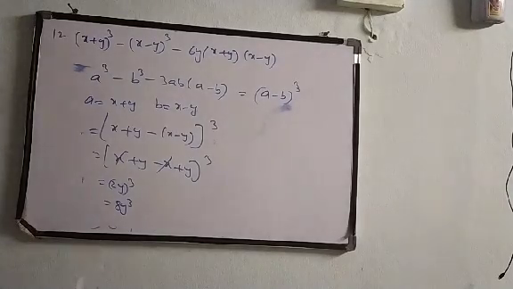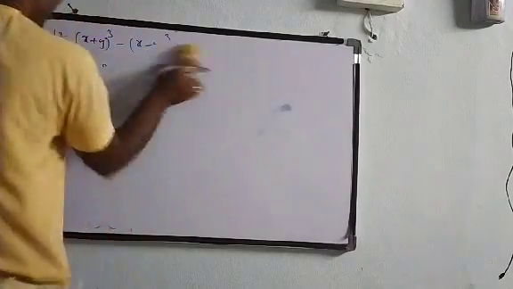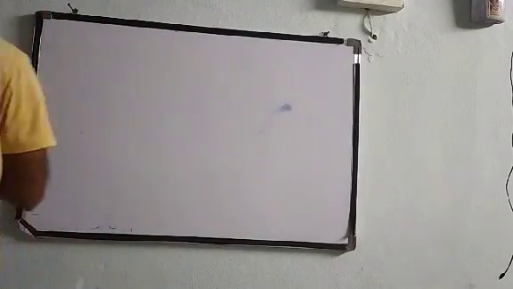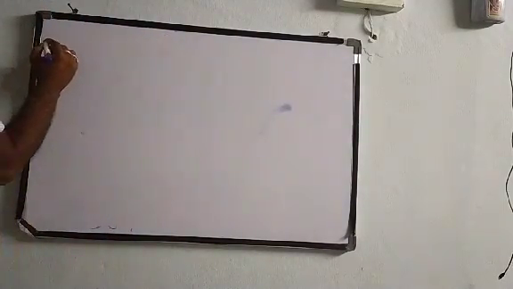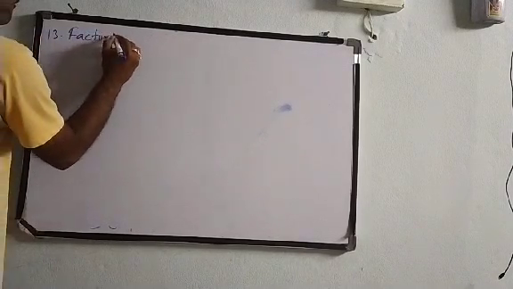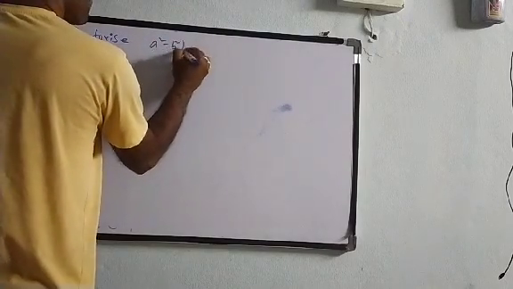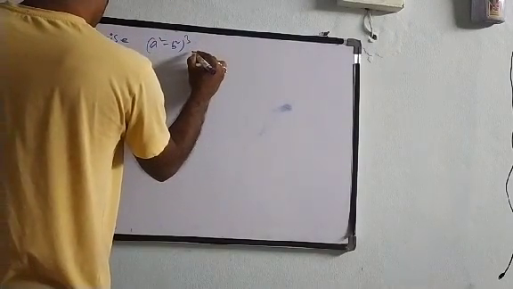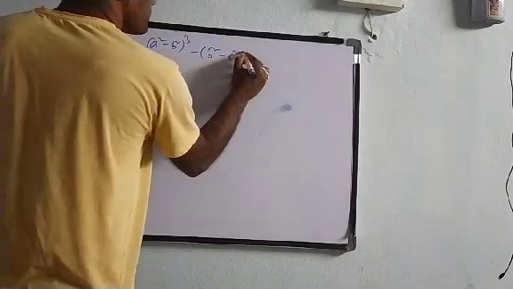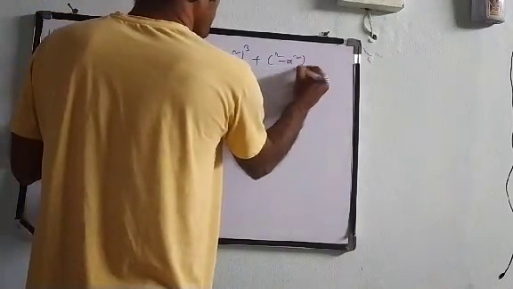Next, coming to 13th question. So the 13th question is factorize (a square minus b square) whole cube minus (b square minus c square) whole cube plus (c square minus a square) whole cube.